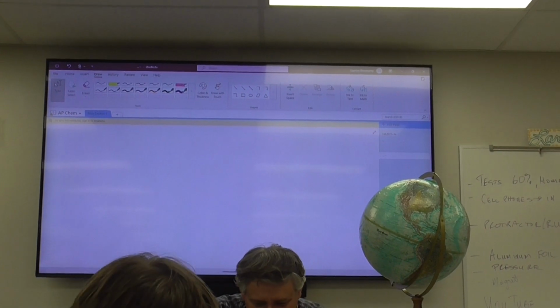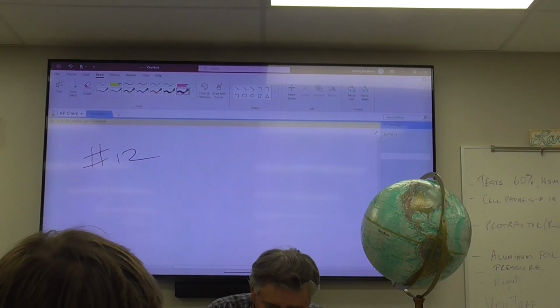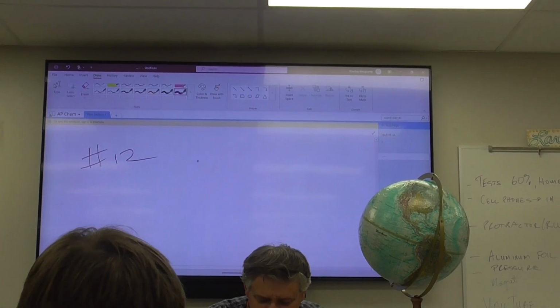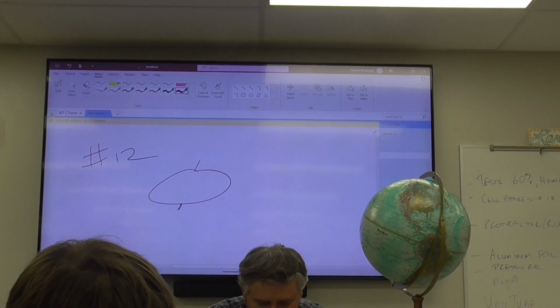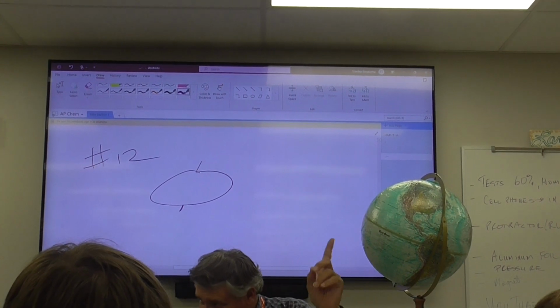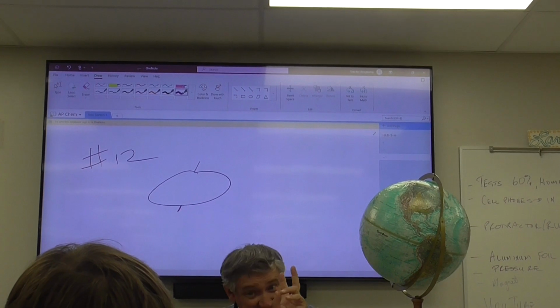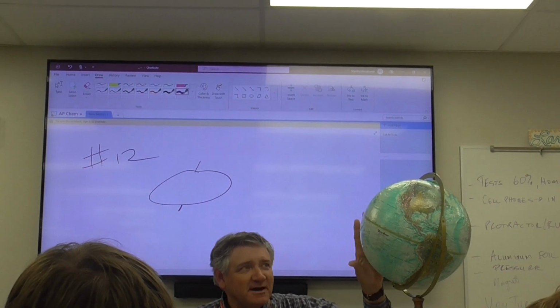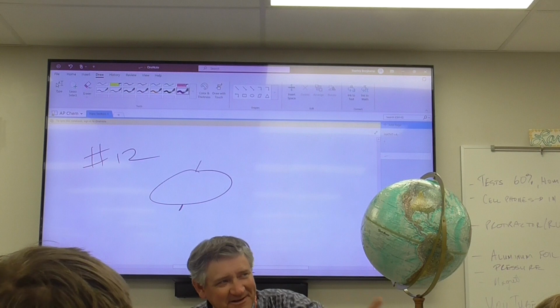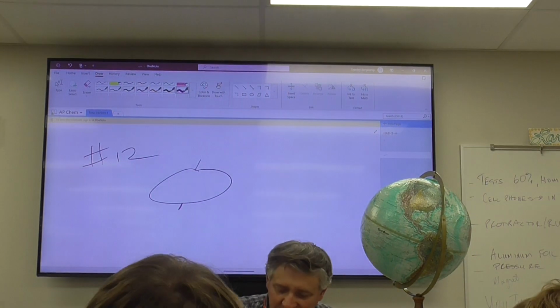All right, so let's talk about number 12. Speaking of flat earth or round earth, okay? So, here's the setup on number 12. The rock that we're on is round, okay? Let's go with that. Supposedly. Let's go with that argument. And so you're going to make this beam of light go around our rock.